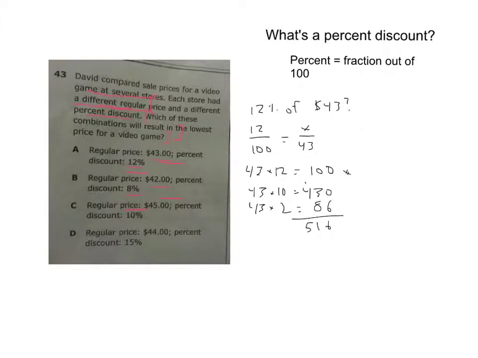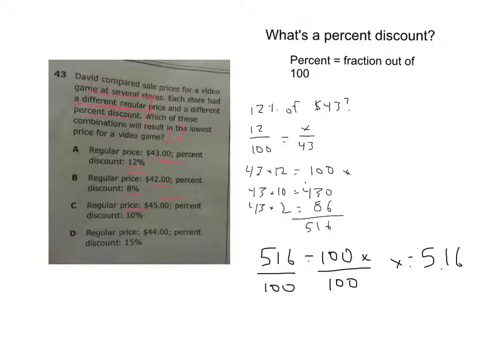And then remember, we had 516 equals 100x. Divide both sides by 100, and we get x equals 5.16. So what was that again? That $5.16, that was 12% of $43.